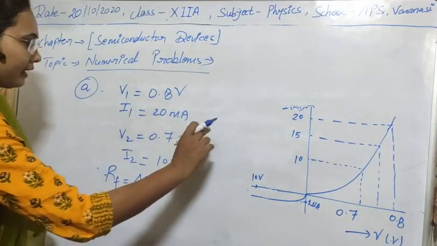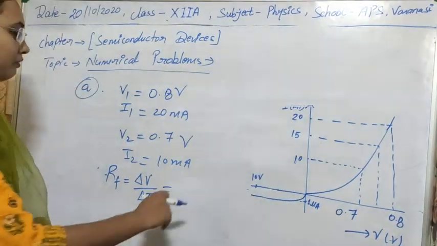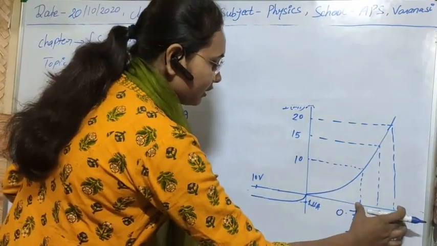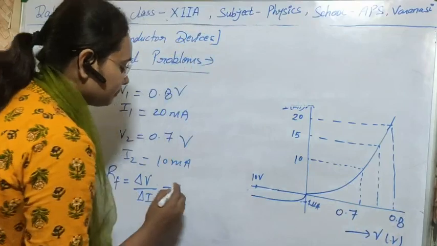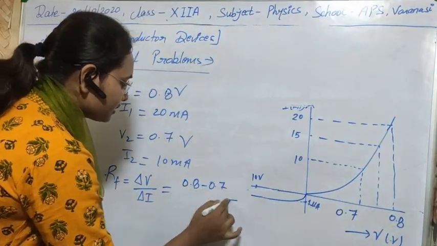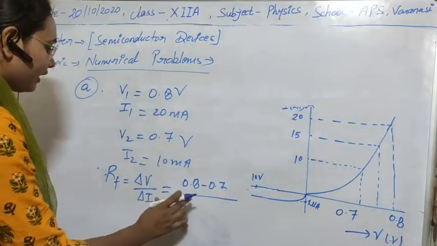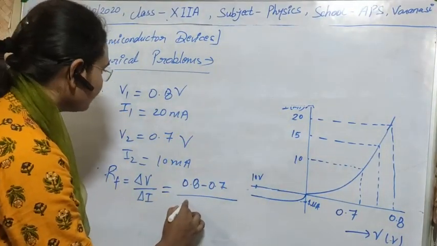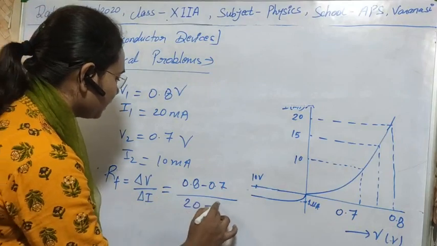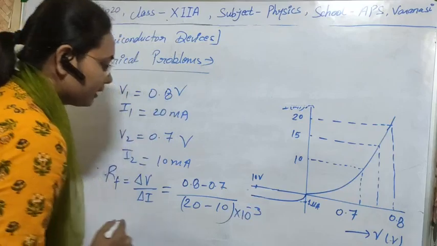So delta V is 0.8 minus 0.7, and delta I is 20 minus 10 milliampere, which we can write as 10 power minus 3.